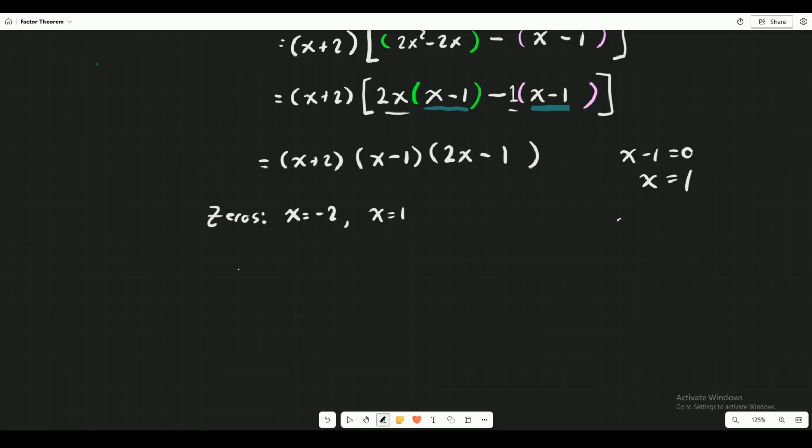And from the last one, you get a half. Just like that. These are zeros, and you can plug these into the original f of x function and you will, in fact, get 0. Cool, cool, cool. Awesome. Let's do another example.